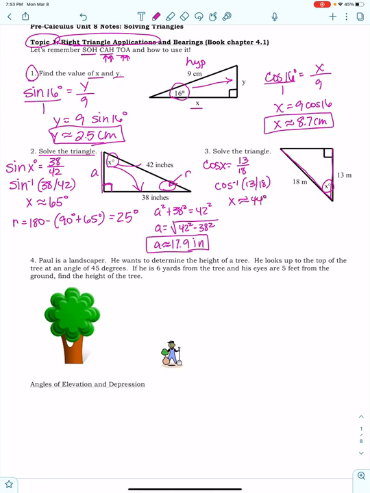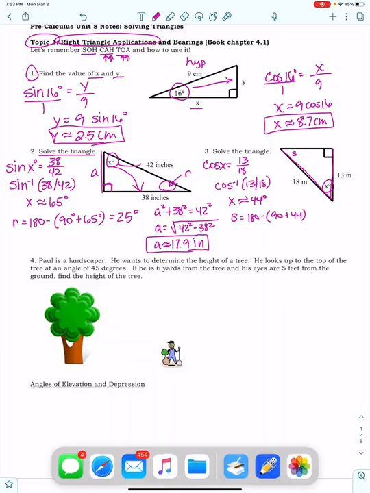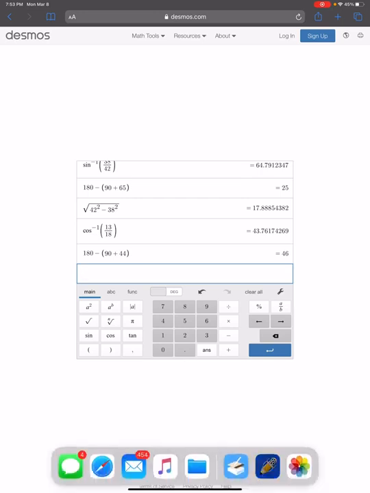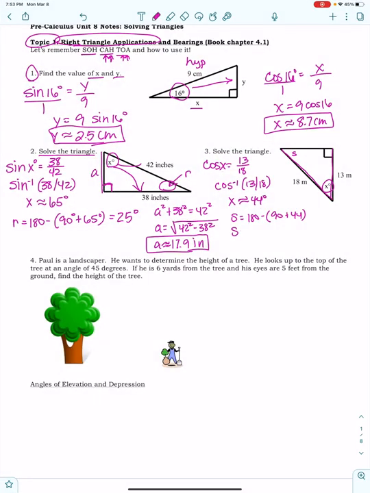All right, and to get our other angle, let's call this angle S. Angle S is equal to 180 minus 90 plus 44. And we get 46 degrees.